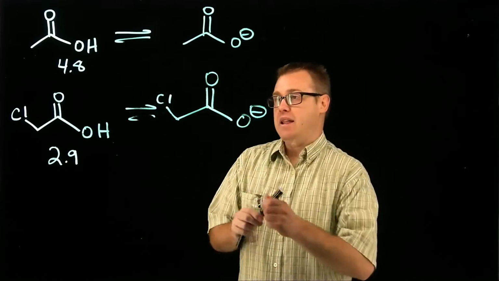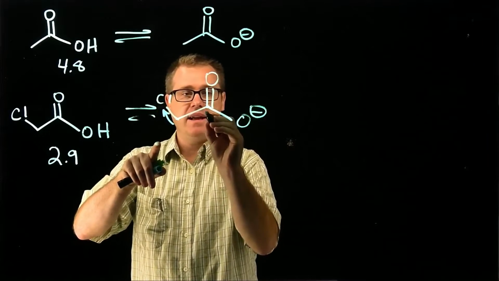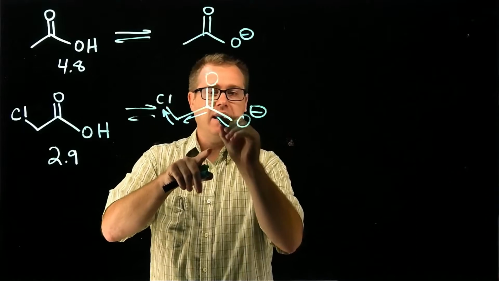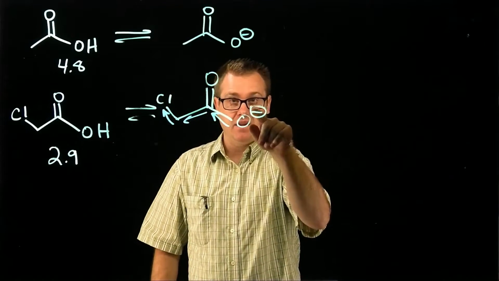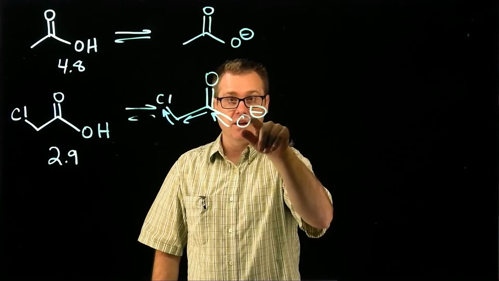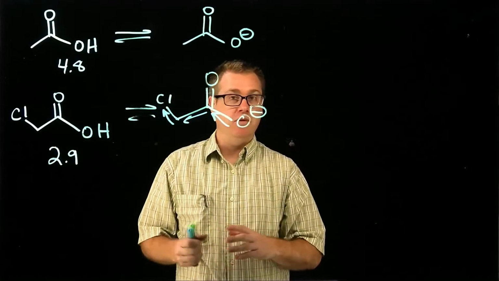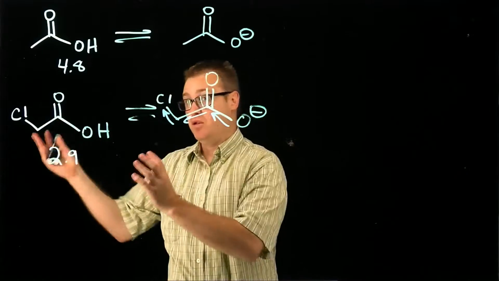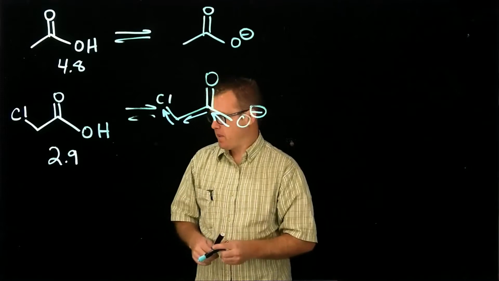We have that very electronegative chlorine atom pulling electron density. And why is that a good thing? Well, because the electrons on this oxygen are being pulled to the other side of the molecule. And whenever you can get electrons to move around, it is a stabilizing effect.